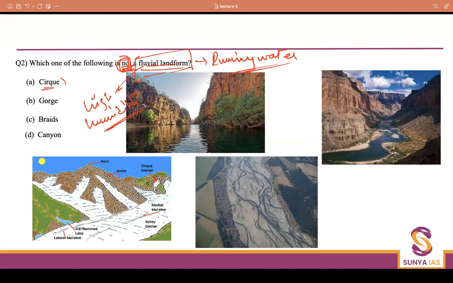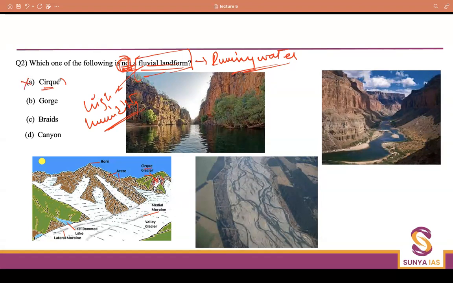They are deep, long and wide troughs or basins, and they are generally concave. They have vertically dropping high walls at the head as well as the sides, from three sides, and they are found in glacier valleys. So cirques are formed because of the glacier. It is not because of running water.